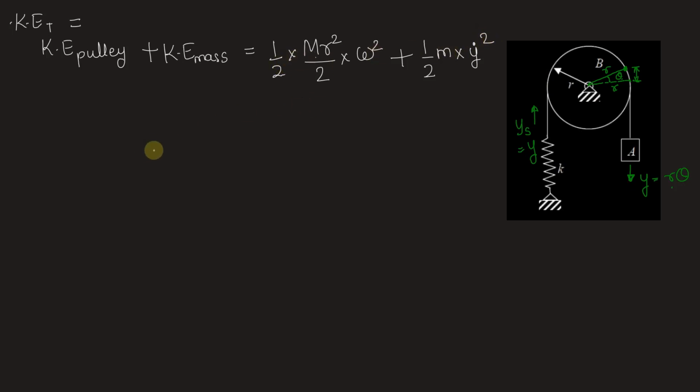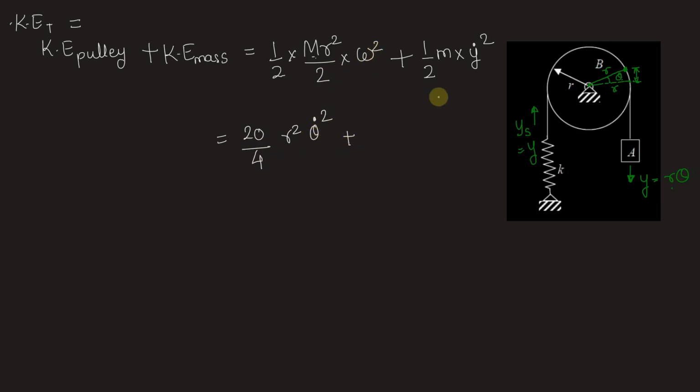Substituting all the given values, we get mass of the pulley is 20 kgs. So let's write 20 by 4 into r square, omega square can be written as theta dot square, plus half into mass of the block, which is 5 kgs, into y dot. y dot can be written as r theta dot from here, and r is a constant, so let's write it r square theta dot square.